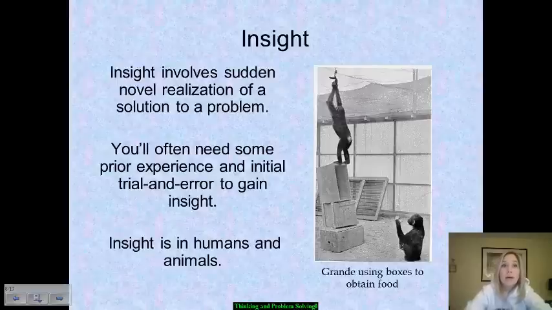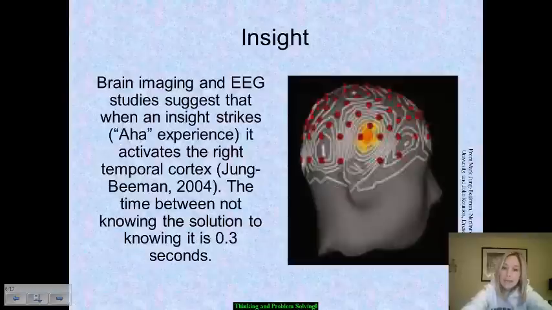Oftentimes what insight does is it will use some prior learning and experience and some level of initial trial and error to figure things out and to gain a level of insight. But this is definitely something that is used by both humans and animals alike.